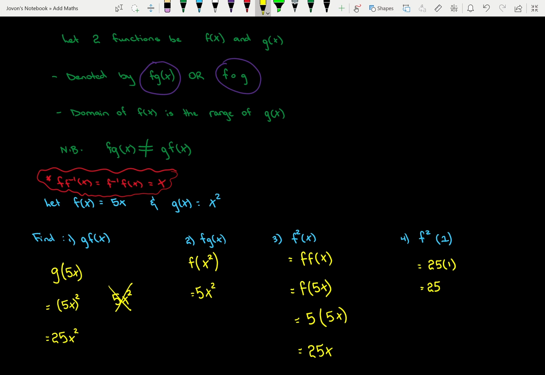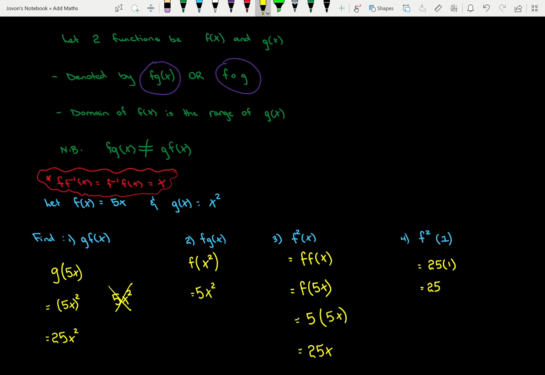What this tells me is that g of x is the inverse of f of x. And that's a common question. They would give you a function and tell you to find f g of x, and if the result equals x, they would ask you what this means. And this means that g of x is the inverse of f of x.